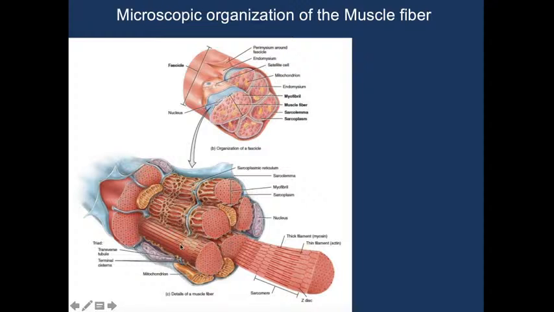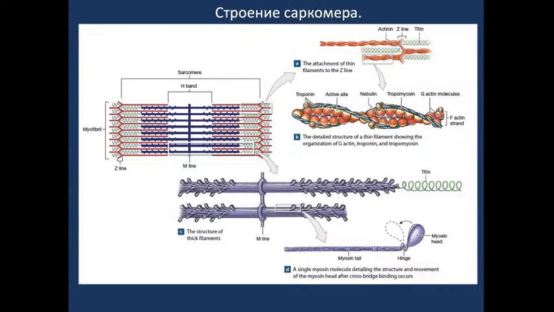And this is why we call them skeletal muscles, like striped muscles. It is visible. There are dark and light bands inside.